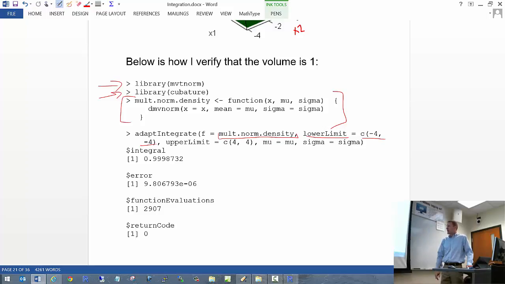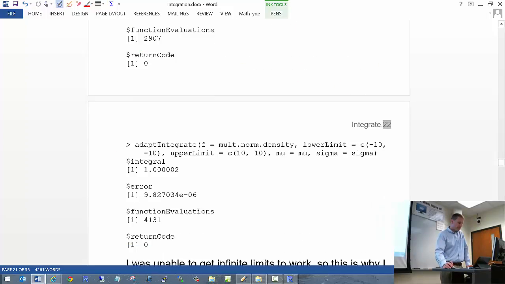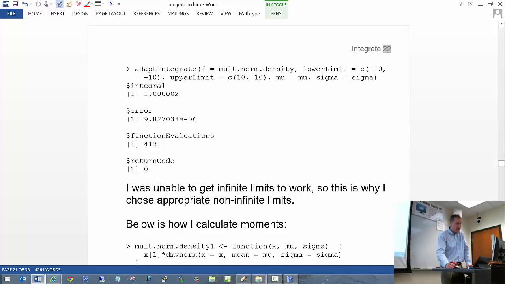And you just specify them as vectors in your lower limit and upper limit arguments. And my integral is approximately equal to 1, as you would expect. You could go from -10 to 10 as well, and you get closer to 1.